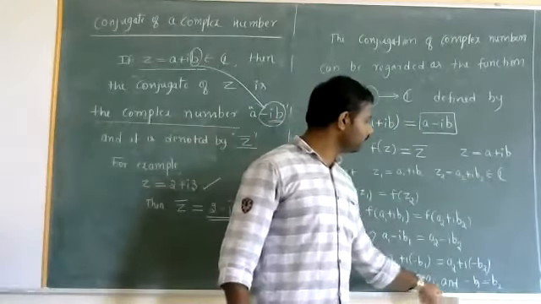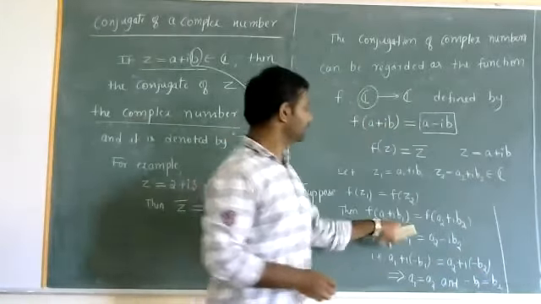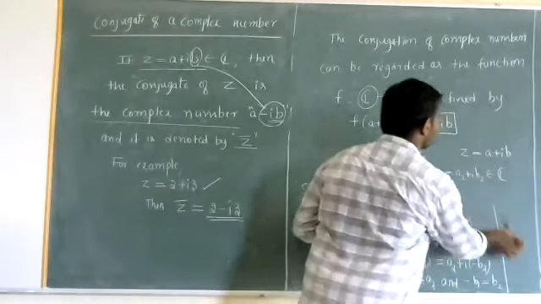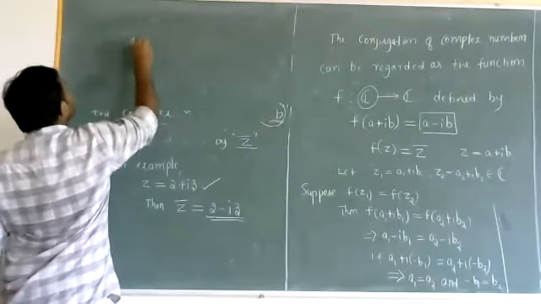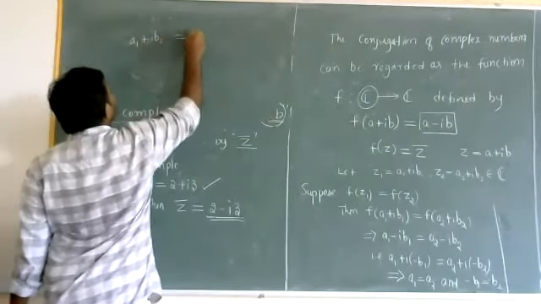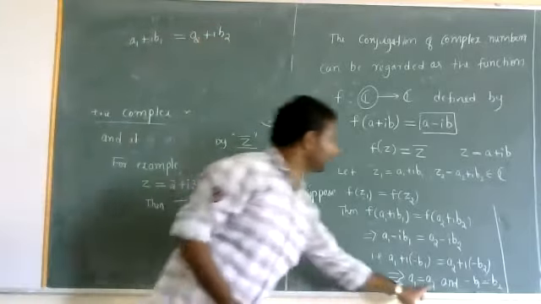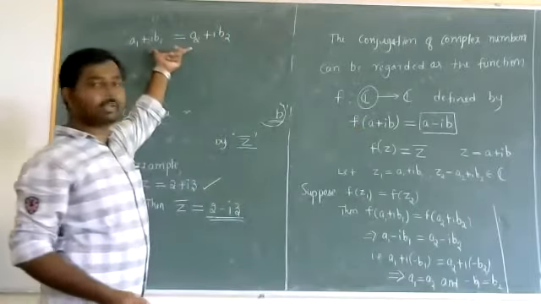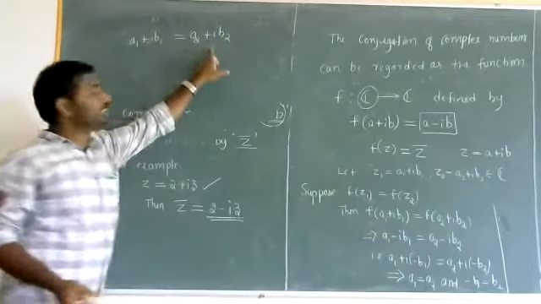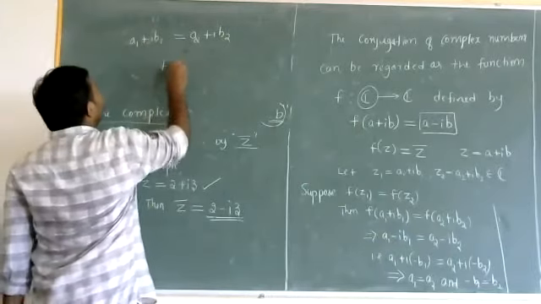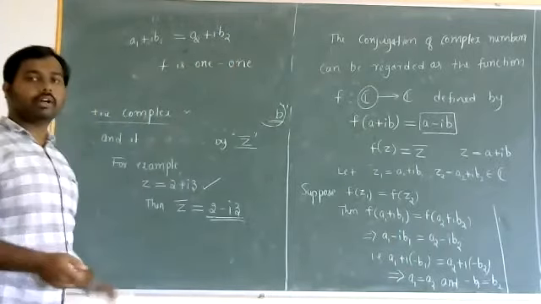So a1 is equal to a2, b1 is equal to b2. That means a1 plus ib1 is nothing but a2 plus ib2. As real and imaginary parts are equal, complex numbers will be equal. So if the images are equal, the elements are equal. So I can say f is a one-one function.